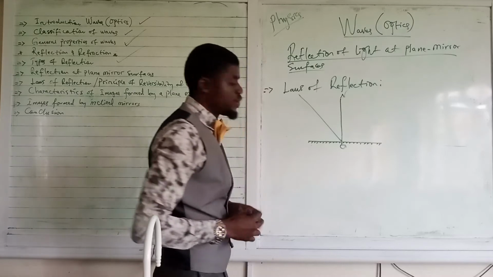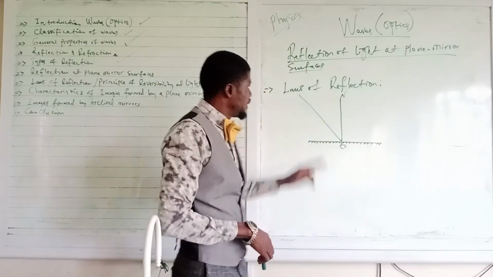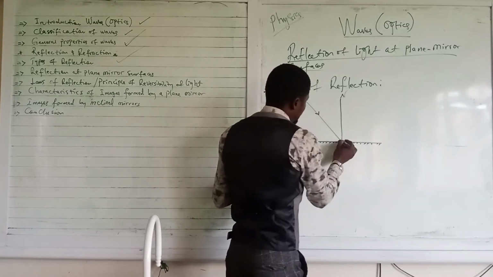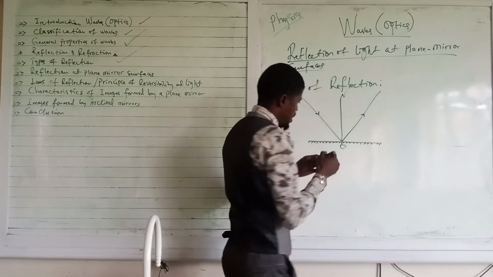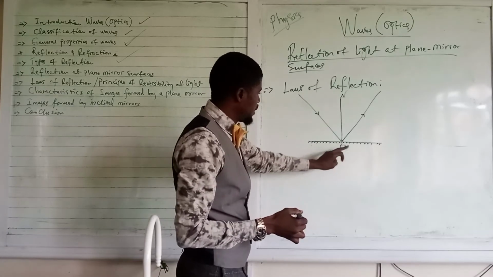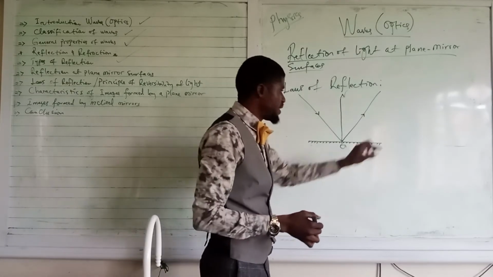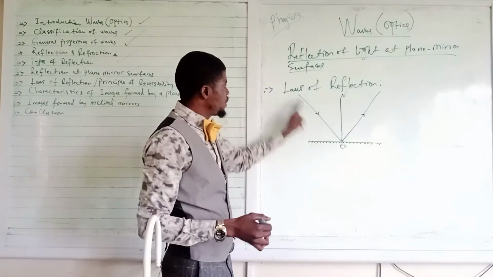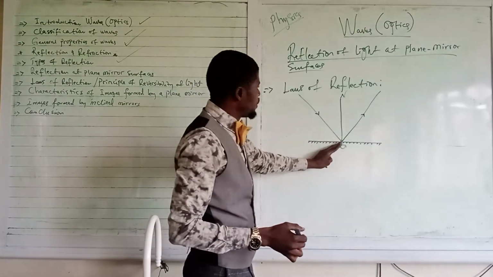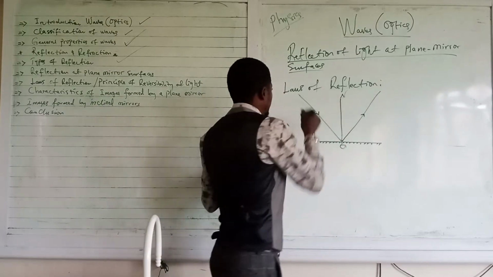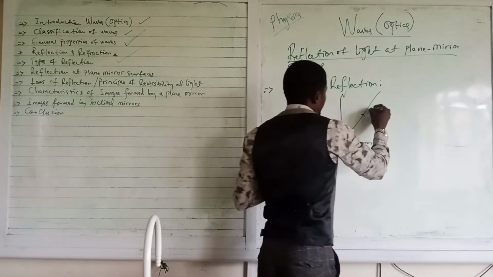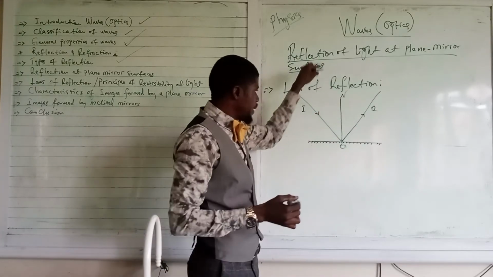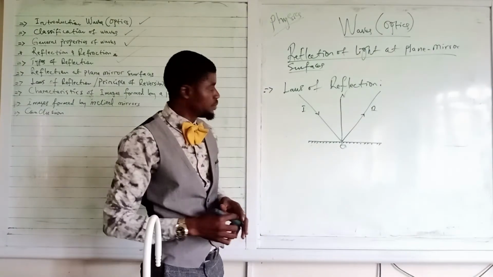So the first law of reflection states as follows: the incident ray, the reflected ray, and the normal all lie in the same plane on the plane mirror. This is the incident ray I, and the reflected ray R, and the normal NO; they all lie in the same plane on the plane mirror.